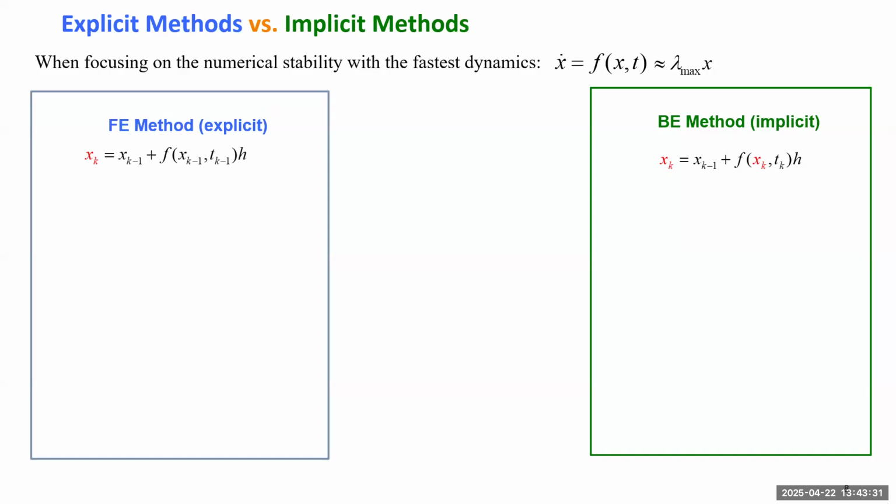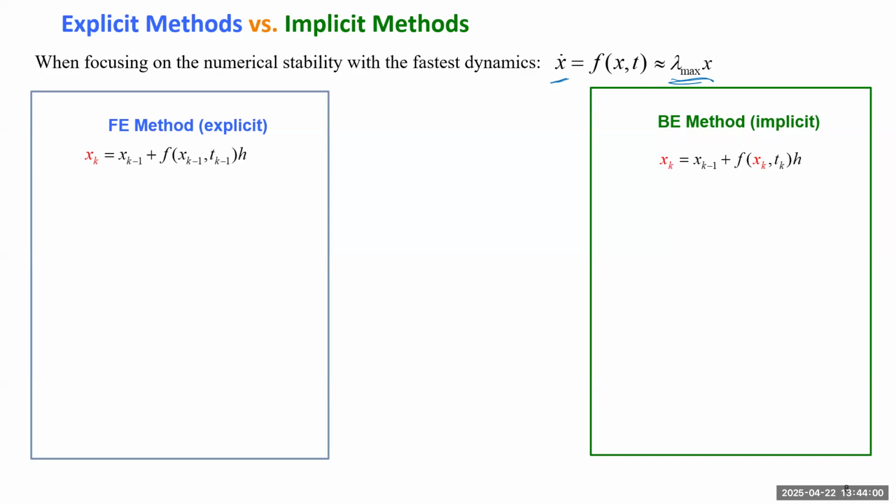Let's compare explicit methods versus implicit methods. If we focus on the numerical stability with the fastest dynamics, which is characterized by the largest eigenvalue, okay? To describe that dynamic, the system variable will change proportional to the state variable, and the ratio will be the fastest dynamics.